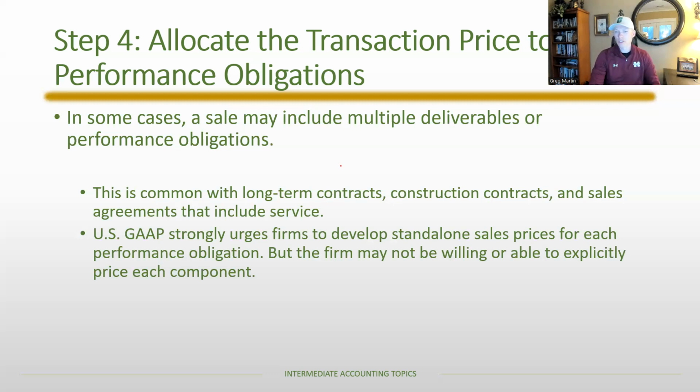US GAAP strongly urges firms to develop standalone prices for each obligation. So even if you bundle them and then there's a discount, the preference would be that there's specific information about, okay, in the discounted sales price, this much is allocated according to the contract to this, and this is allocated to this. That could be specified.